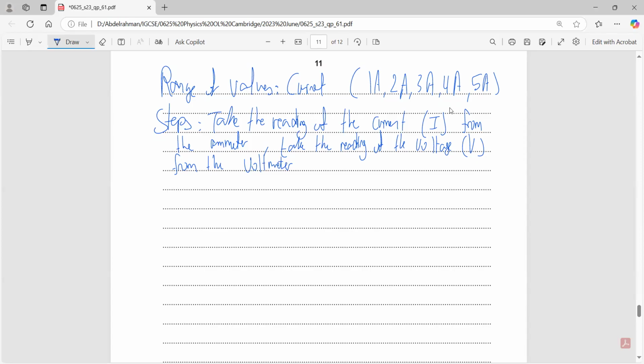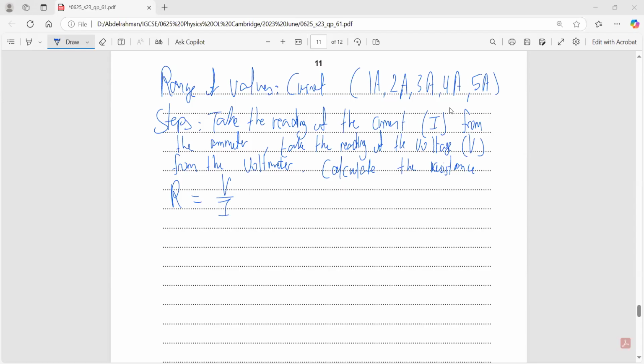Then calculate the resistance, R equals V over I. So these are the very simple steps. That's it.